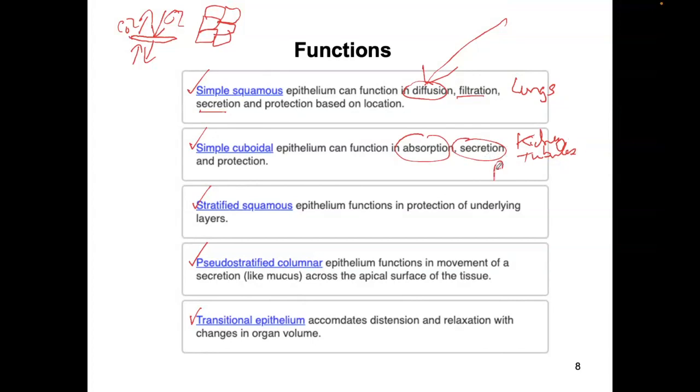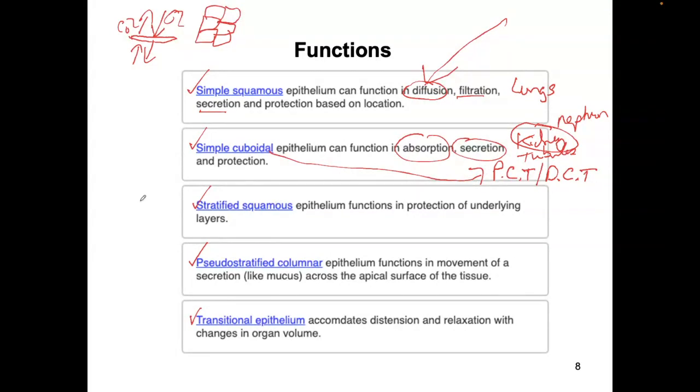There's something called the proximal convoluted tubule and a distal convoluted tubule. Proximal convoluted tubules and distal convoluted tubules are part of a deep microscopic part of the kidney, a specific region called a nephron, and it's going to be lined with simple cuboidal for absorption and secretion.